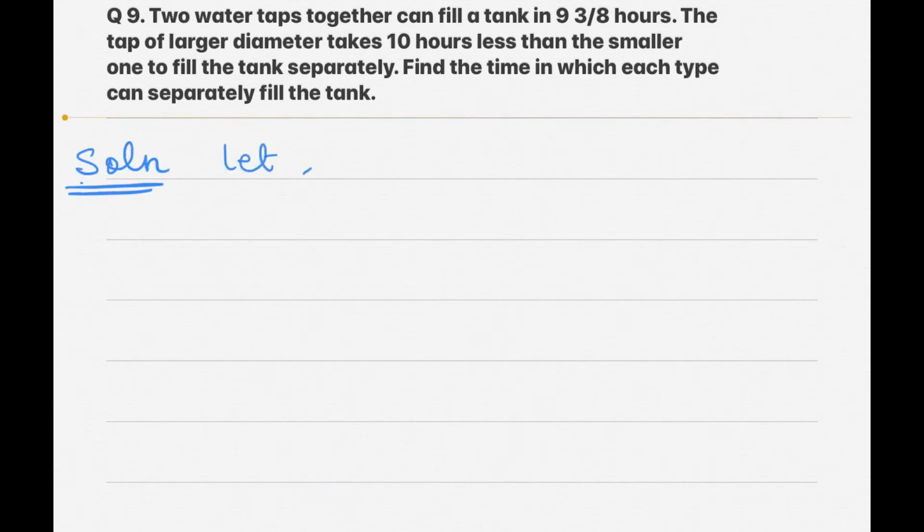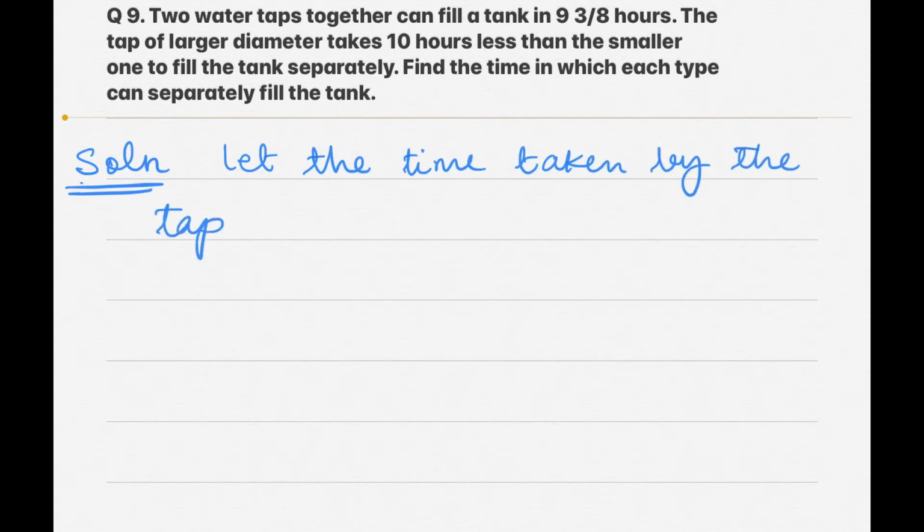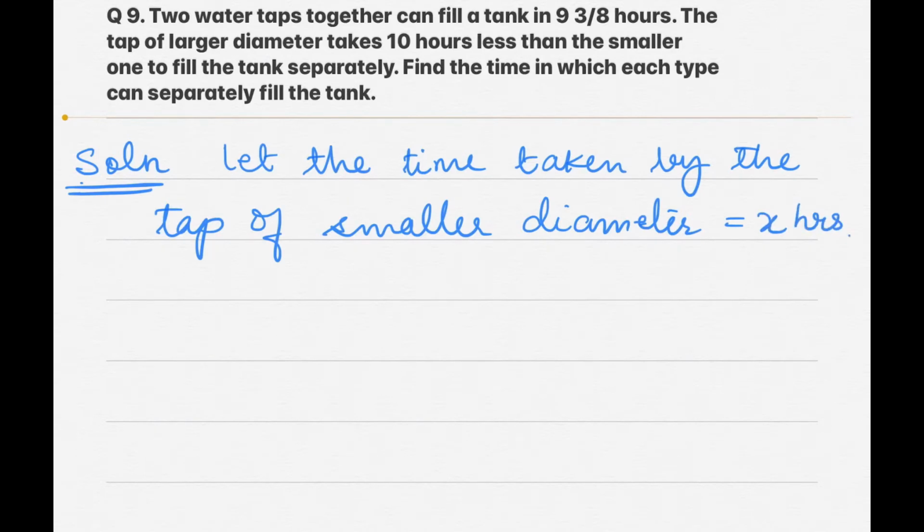Okay, so let the time taken by the tap of smaller diameter be equal to x hours.